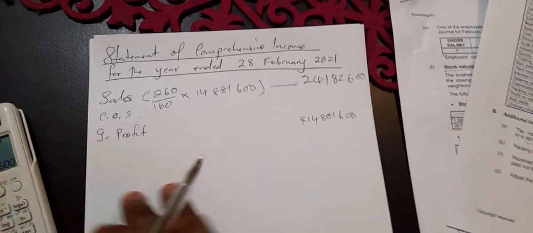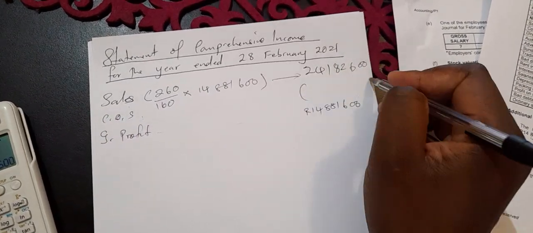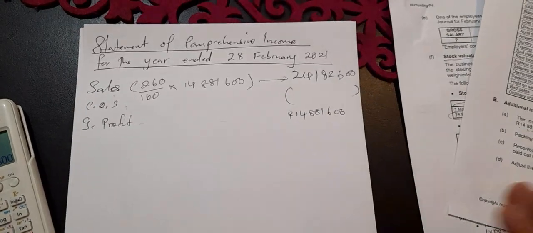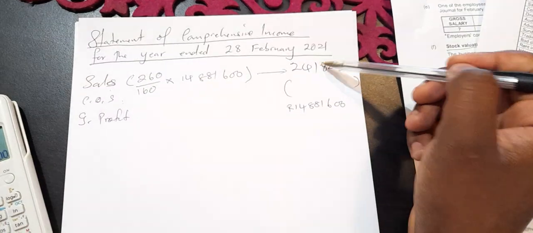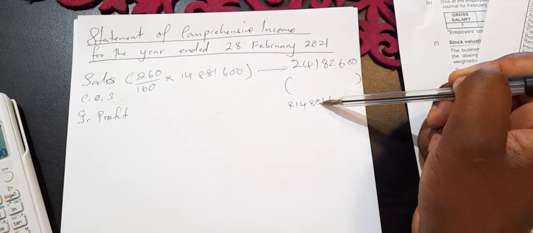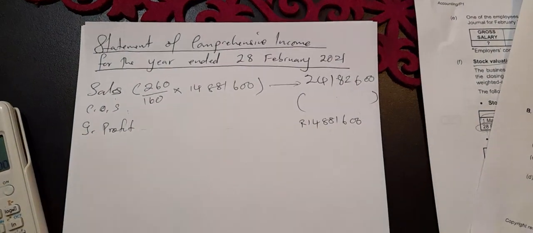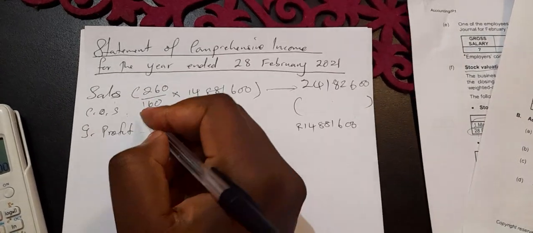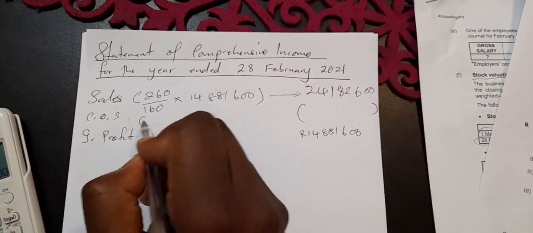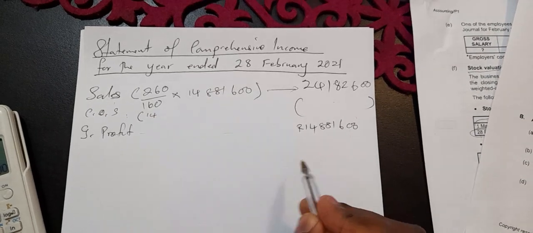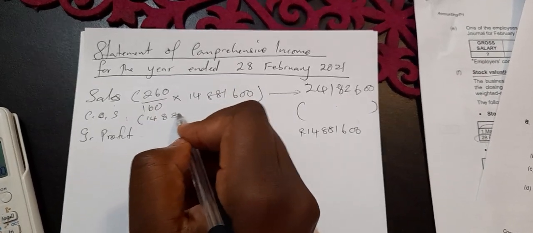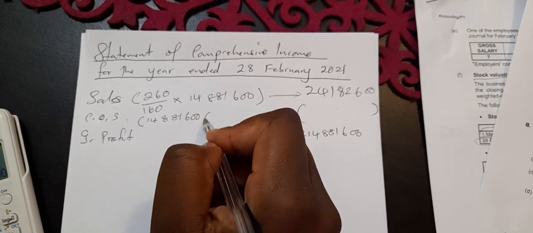Now again, cost of sales, we would subtract cost of sales. So how would we have got this amount? Remember, sales minus cost of sales is equal to this. Or we can show by calculation in this way. We take 14,881,600 and multiply.